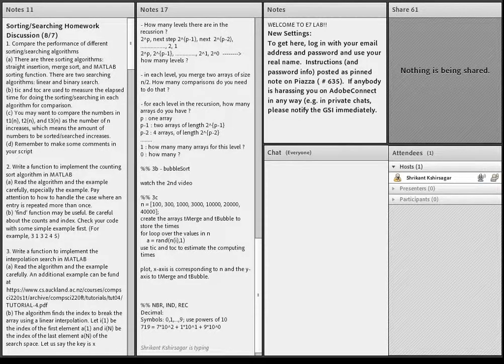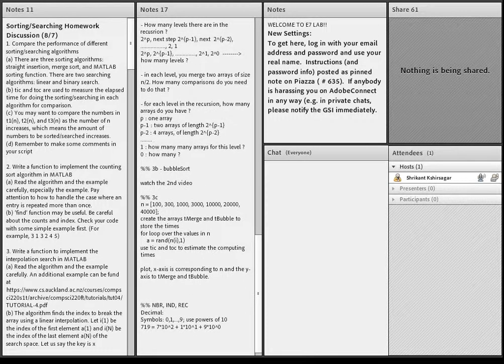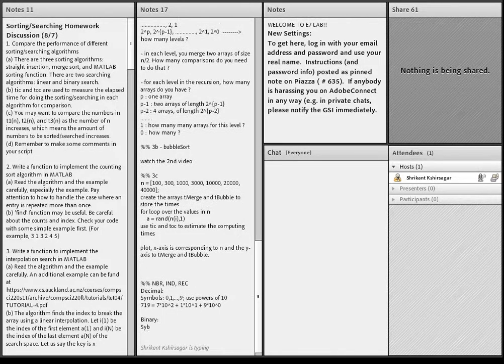Now this exact same representation can be done using other bases, and the base that's used in computers is the binary. So in binary, as the name suggests, you use only two symbols, 0 and 1, and you use powers of 2.